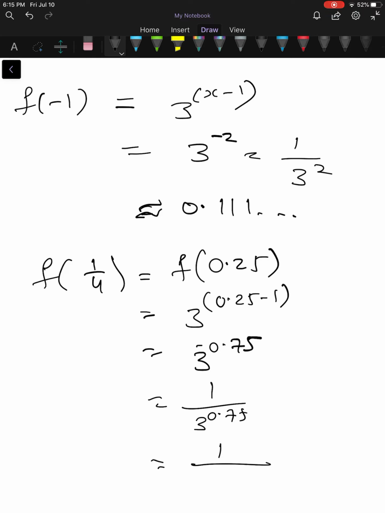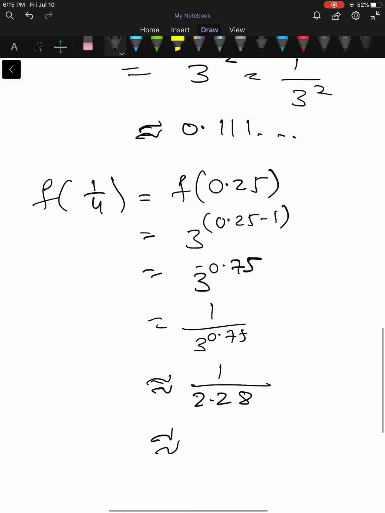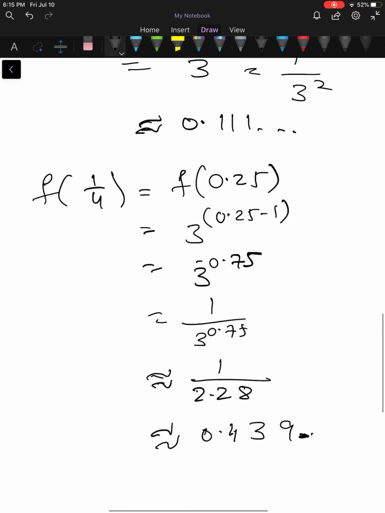We get this to be 1 over approximately 2.28, so that would give us an approximation of 0.439, 86 something, so I approximated it to 9.